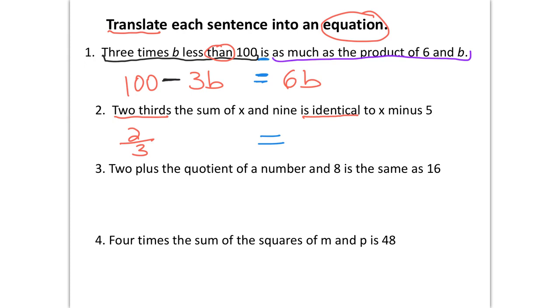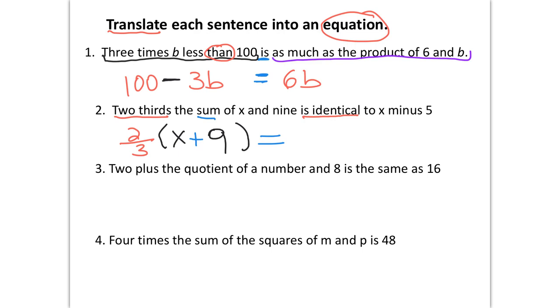Now since we do have 2/3 the sum, that means we have to use parentheses, because all of this in parentheses is going to be the quantity or the sum. I'm just going to underline the word sum right here. There's a plus of x and 9. So we do have 2/3 times the quantity of x plus 9, or 2/3 parentheses x plus 9.